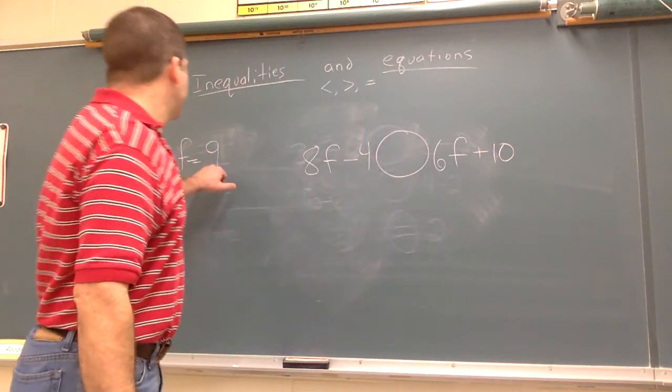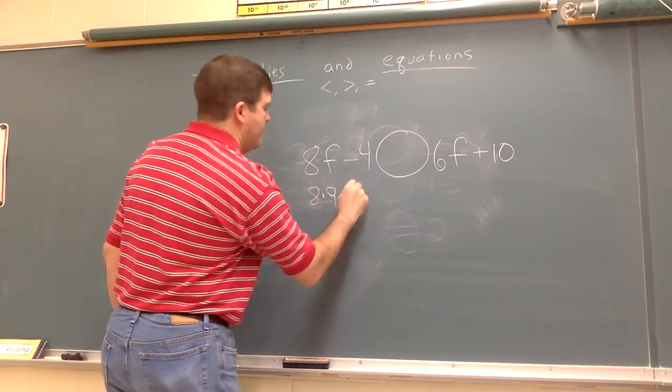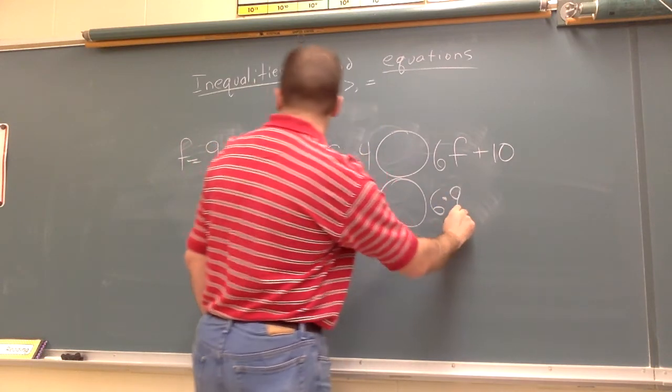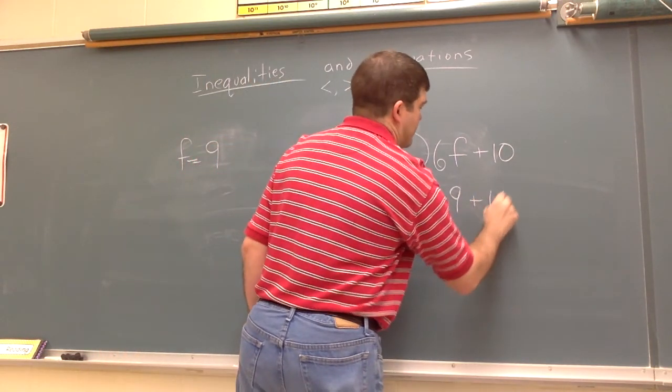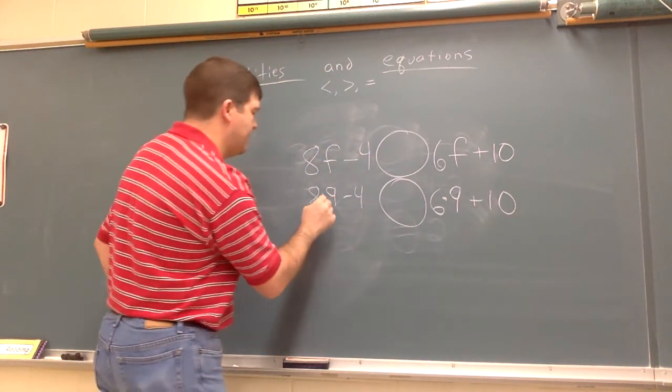Okay, so we know f is 9. I'm going to do 8 times 9 minus 4, and 6 times 9 plus 10. Okay, let me solve each of these sides and then we'll easily be able to see.